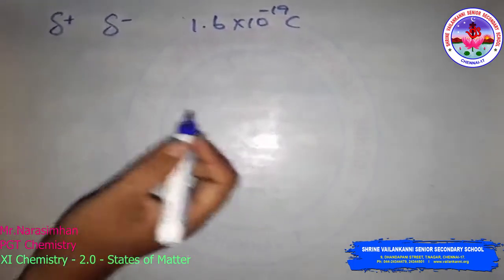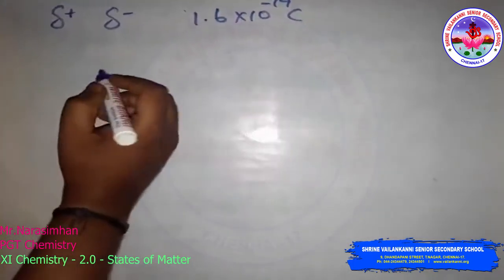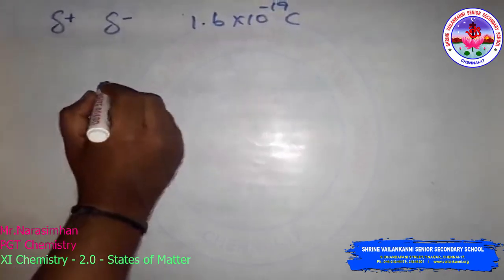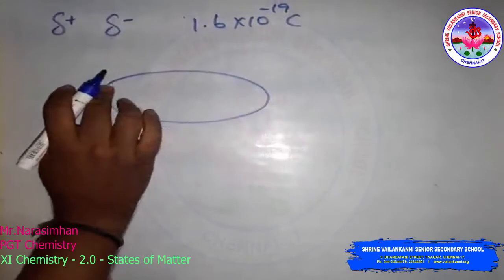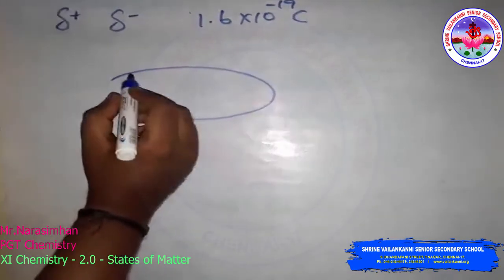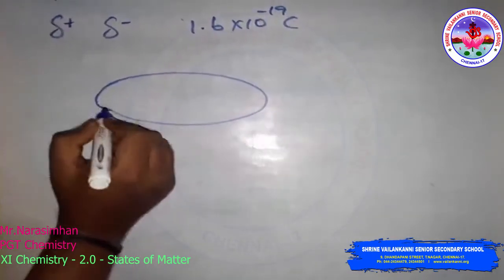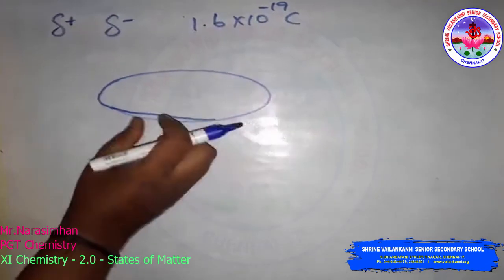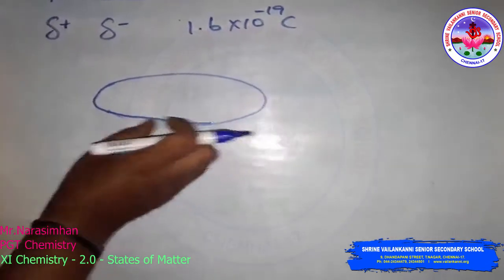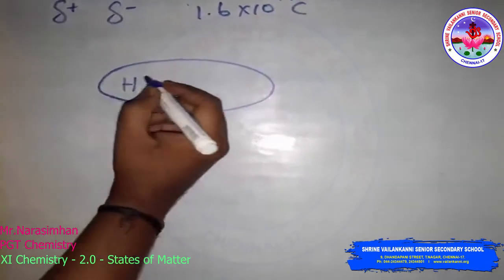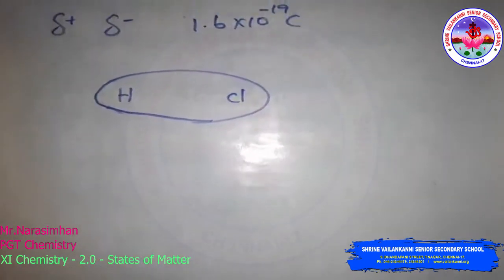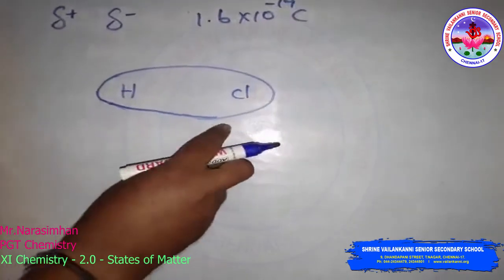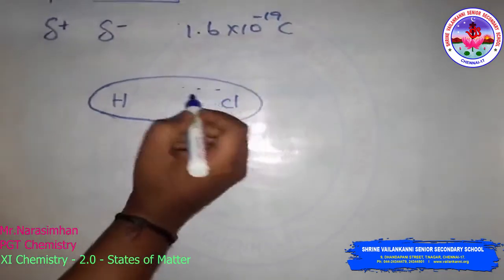For example, HCl, hydrogen chloride, hydrogen and chlorine. What happens here is that there is more charge density towards the chlorine atom.